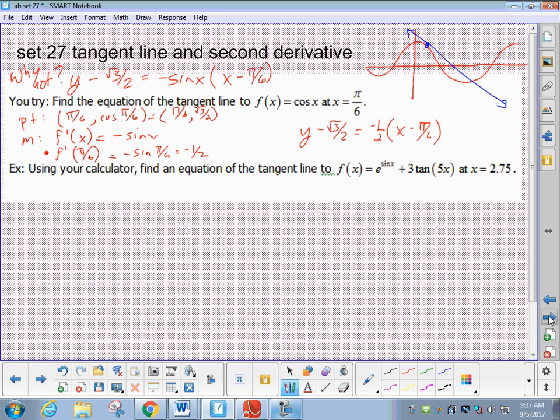So what are you trying to find here? We're trying to find the equation of a tangent line. Emphasize line. Is that a line? Yeah, no, that's a freaking mess. Sine is not a line, okay? So if your slope is not a number, you are doing things wrong.